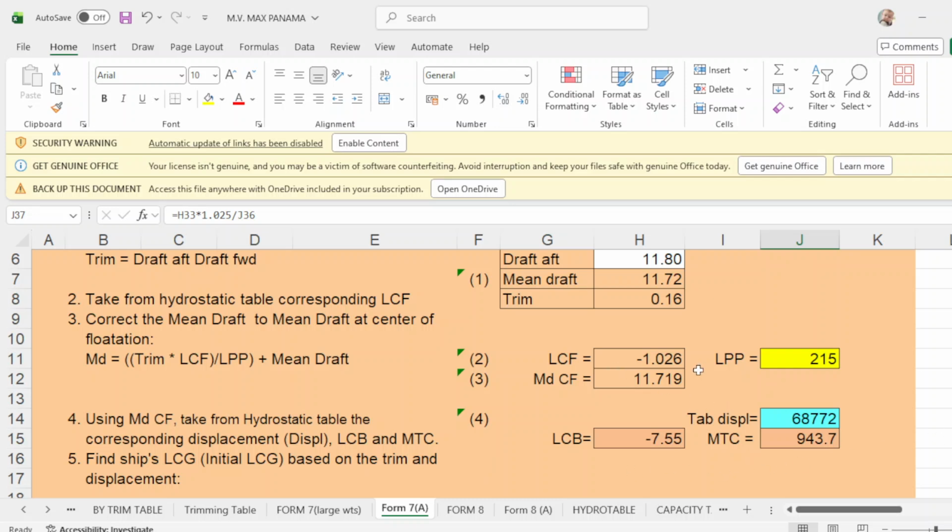So with this draft and your displacement, what will be the value of LCB and MTC?